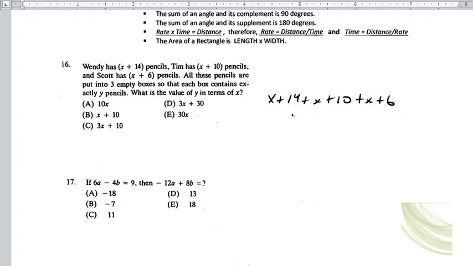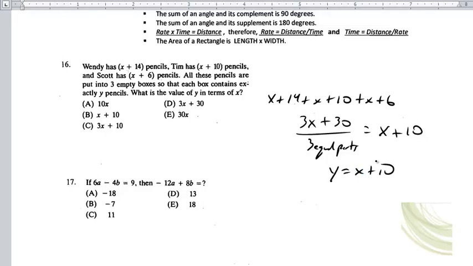Okay, so if I add those together, I get 3x plus 30. All right, and they're divided into 3 equal parts. If you do that, you get x plus 10. Okay, so that's what it is. y equals x plus 10. That's B. Okay.